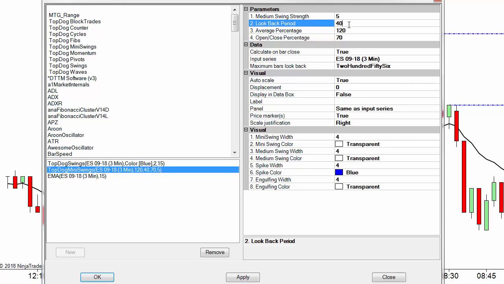But just for this, I'm looking back 40 periods, in other words, 40 bars, whatever your time interval is. Here's where the range comes in. I'm saying that I want the range of that bar to be 120% or more of the range of the last 40 bars on average. All right, and then what I've set is the open and the close, the real body.